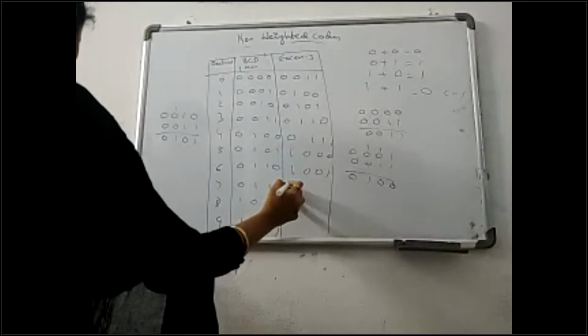For 7 it is 1010. For 8 it is 1011. And how to get 9? See, 1001. Add 3. 1 plus 1 is 0 with carry 1, 1 plus 1 is 0 with carry 1, giving 1100. So this is the Excess-3 code.